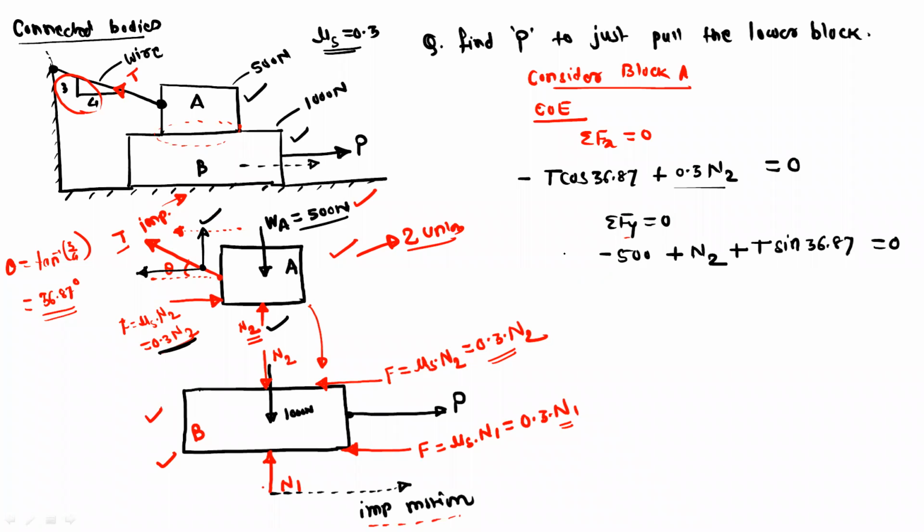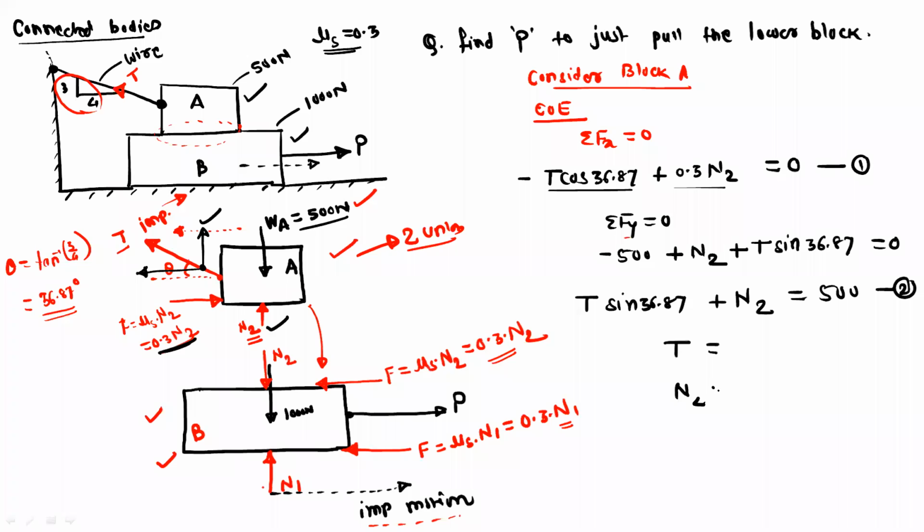We can write this equation as T sin 36.87 plus N2 equals 500. This is the second equation and that is your first equation. Solve these two equations simultaneously and get the value of tension and the normal reaction N2.